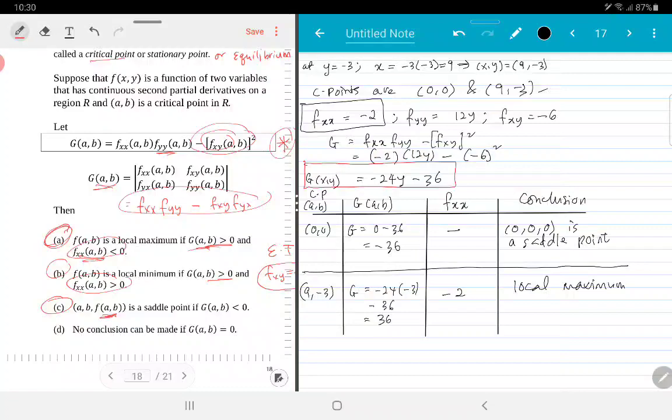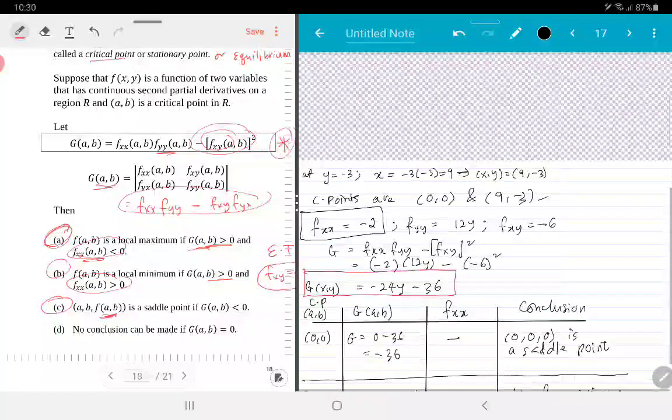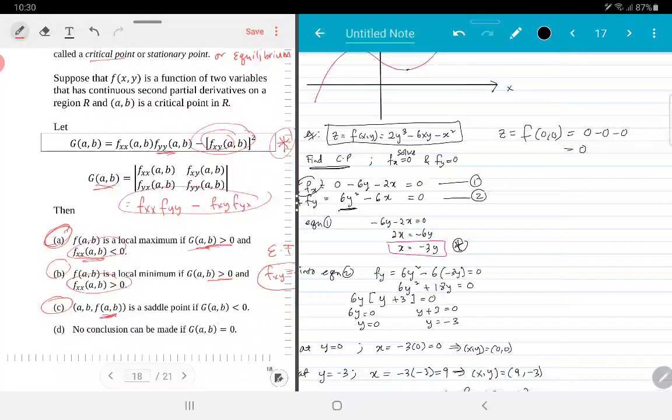If you want to know the value of the local maximum, you get the value of z when x is 9 and y is negative 3. So we can go back here. What is the value of z at 9, negative 3? Replace y with negative 3 and x with 9 minus 9 squared. Get your calculator.